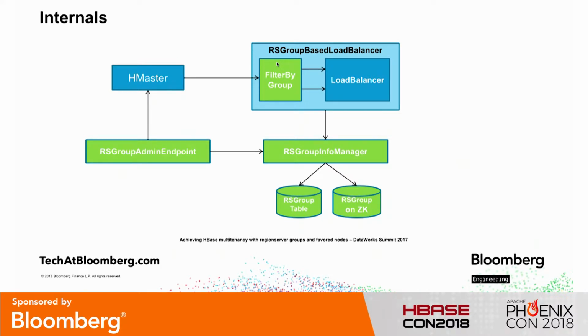For example, if a table is defined to region server group 1, the filter would say, any region created for that region server group has to use only these region servers, and that way the load balancer would assign to these region servers, and the resources are demarcated and divided.